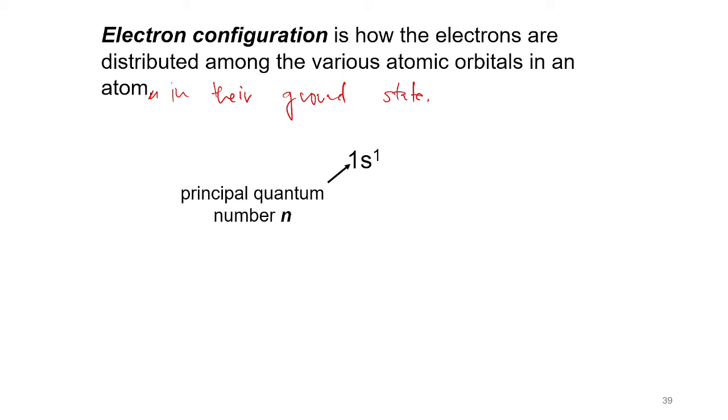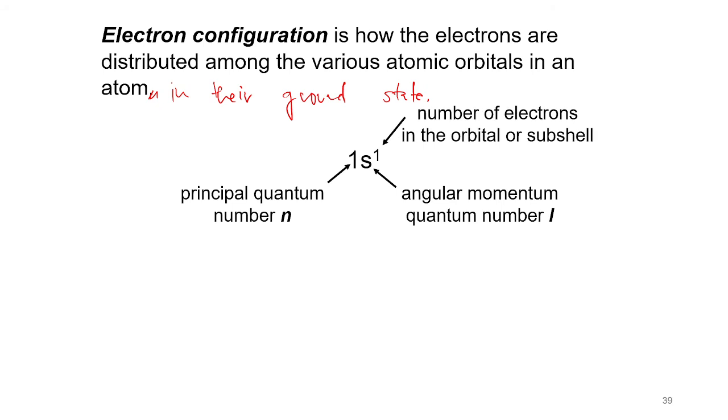We have here the s, which is the angular momentum quantum number l, and the 1, which is the number of electrons in the orbital or the subshell. Okay, so in that, we have there the orbital diagram of hydrogen, 1s1. Okay, so that is true for any other electron configuration.